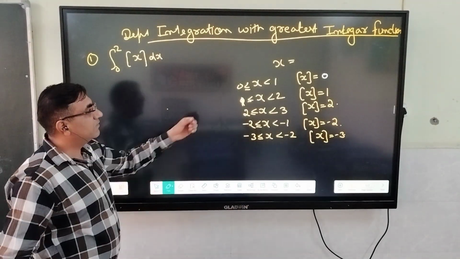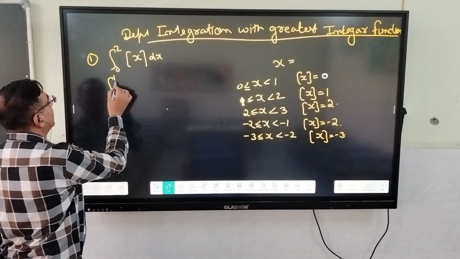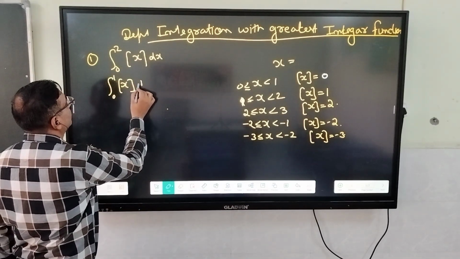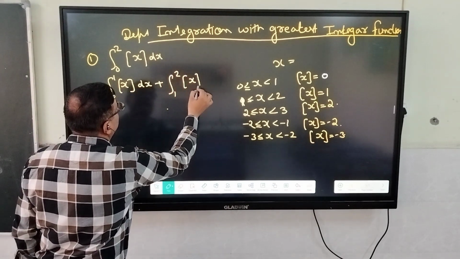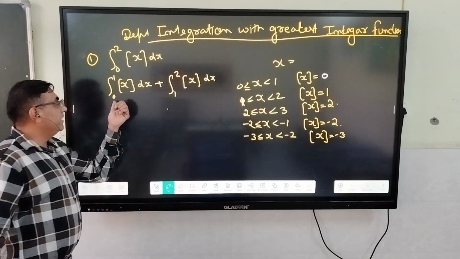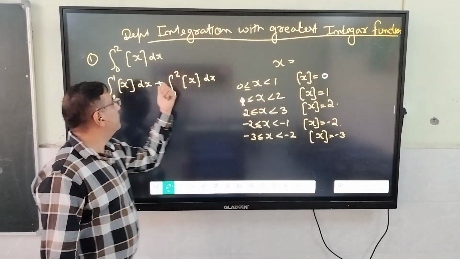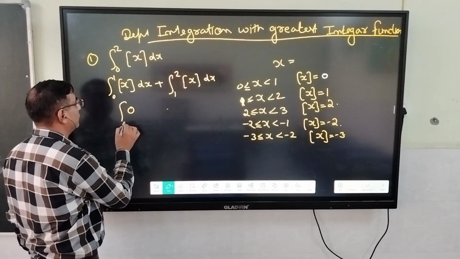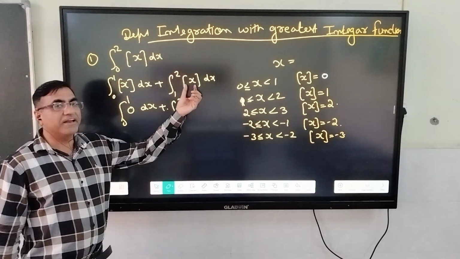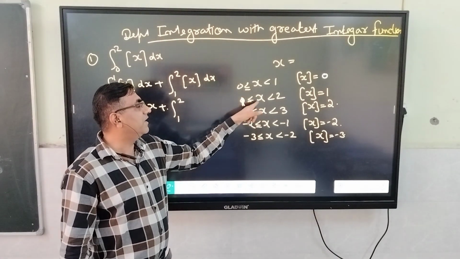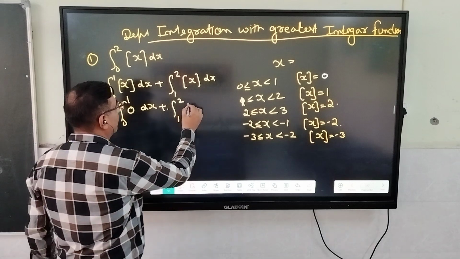So first we will break the integral. We will break it into 0 to 1 of greatest integer of x dx, plus 1 to 2 of greatest integer of x dx. In between 0 to 1, as I have already told you, its value is 0, so 0 to 1 of 0 dx, plus 1 to 2, where x is greater than or equal to 1 and less than 2, its value is 1.